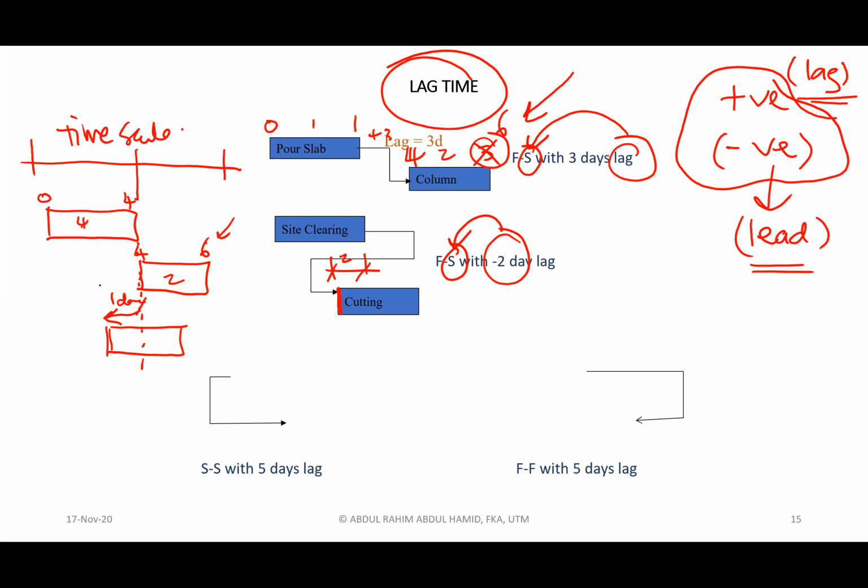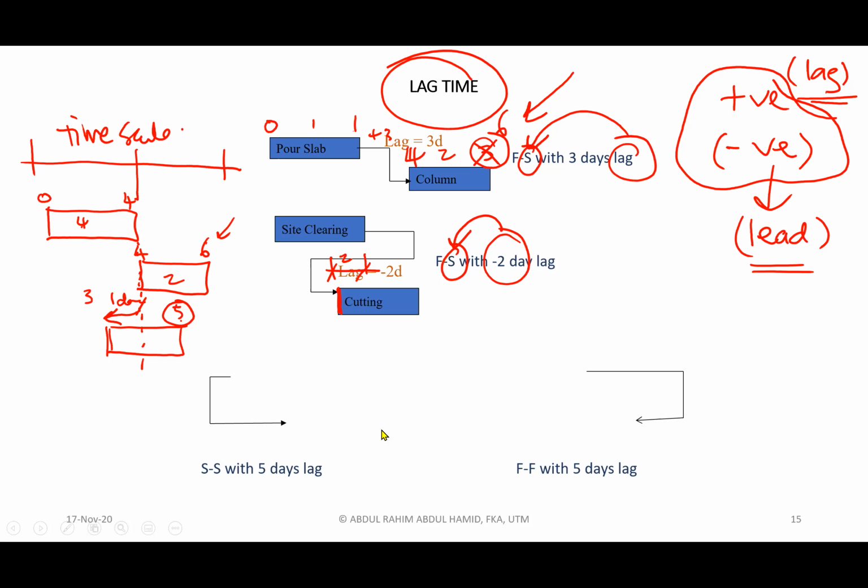Now 4, we are going to minus 1. So 3 will be here. 3 plus 2 equivalent to 5. We are going to complete the project in 5 days instead of 6 days. So this is how negative lag will influence the project completion date.